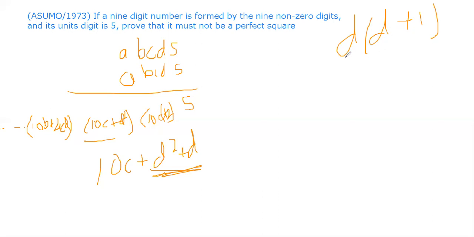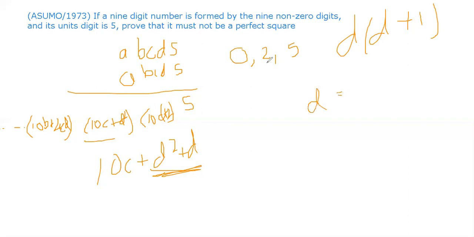Now, one more thing: we are not allowed to use 0 ever. We have used 2, so we are not allowed to use it again, and 5 also. Except these three numbers, we can use any number. If d was 0, it's 0 times 1, 0. d can't be 0.